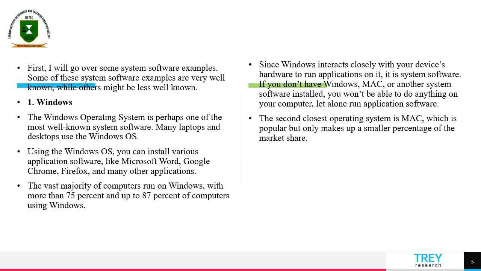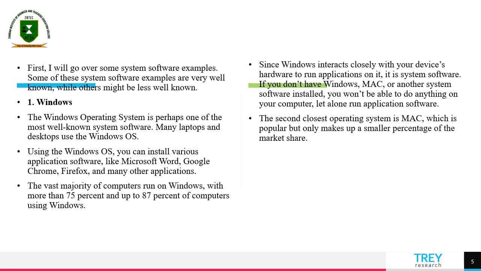Okay, we move on. First, I will go over some system software examples, and some of these examples are very well known, while others might be less well known. The first one is the Windows operating system.